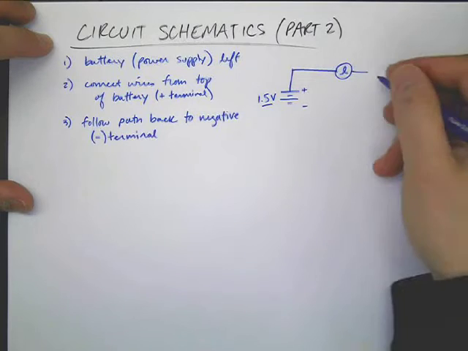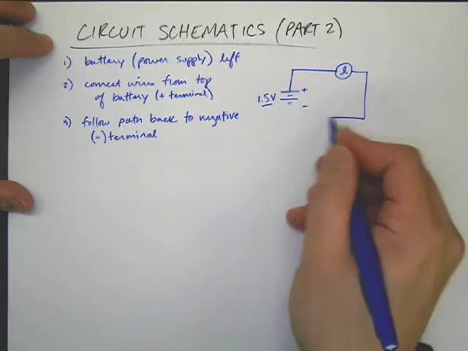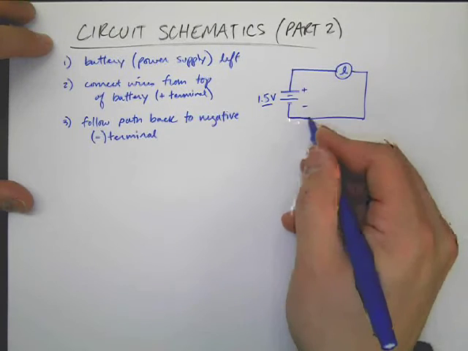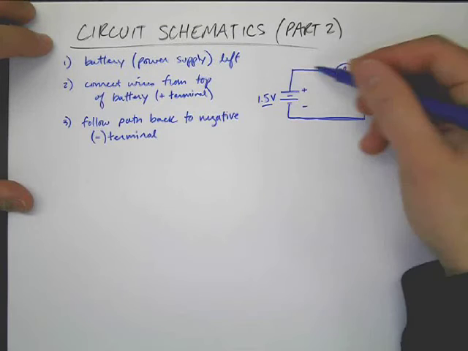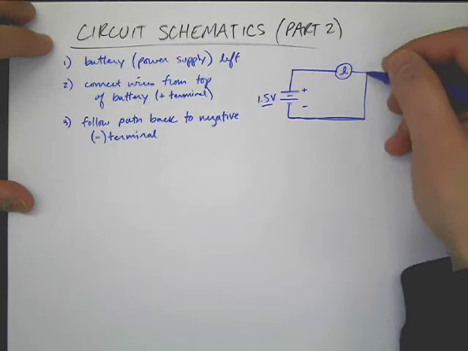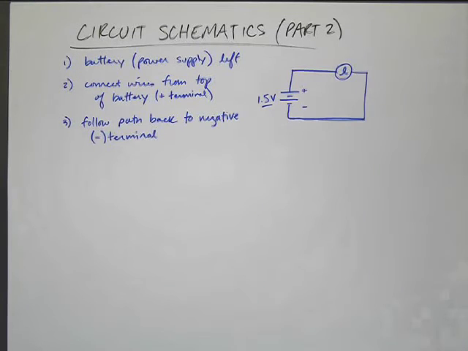So I draw my wire down, over, and then connect back in. So the fact that I have a clean connection through my device, my light bulb in this case, all the way back to the other side of the battery, I have a complete circuit.